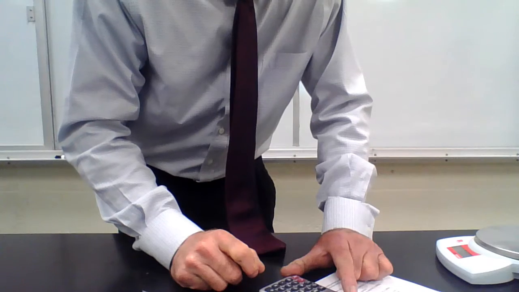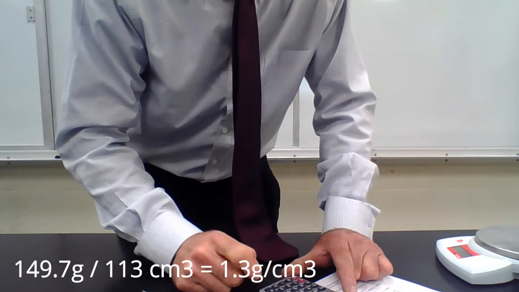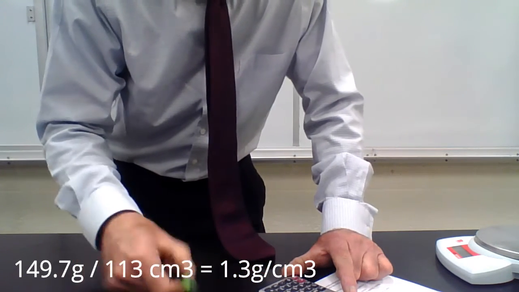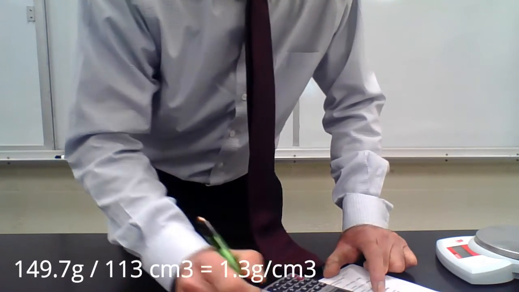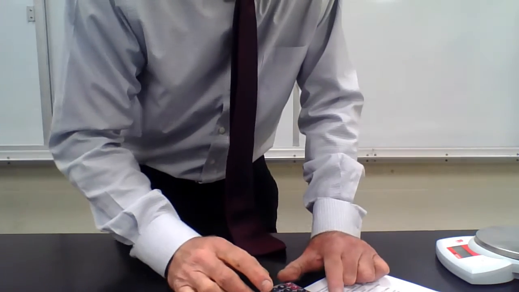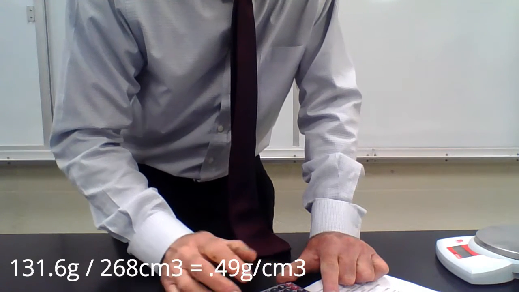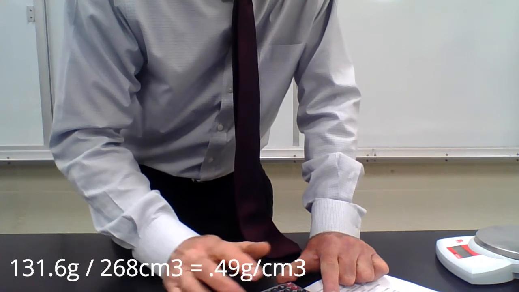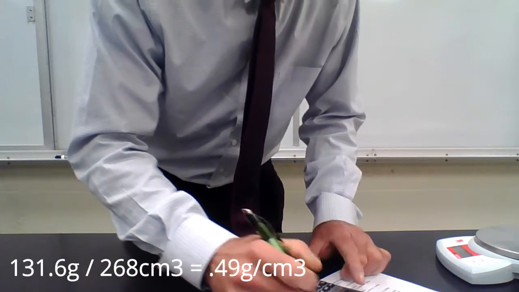The medium ball, I'm going to do the mass, 149.7, divided by the volume, 113, and that is a density of 1.3 grams per cubic centimeter. And finally, the last density, the large ball, is 131.6 grams divided by 268, which is the cubic centimeters, and I got 0.49 grams per cubic centimeters.